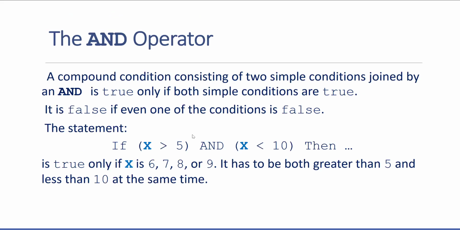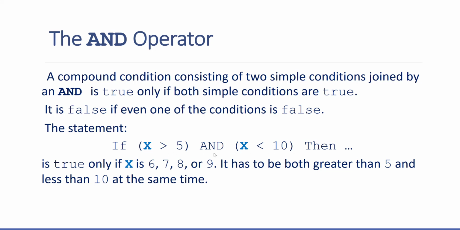So we looked at or, and I'm going to look at that a little bit more in detail in a minute. But this particular operator is and. And what and says is that both of these conditions on the left and the right have to be true in order for this whole condition to evaluate to true. In other words, if x is greater than 5 and x is less than 10, in other words, if x is between 6, 7, 8, or 9, this if statement will render true, right?